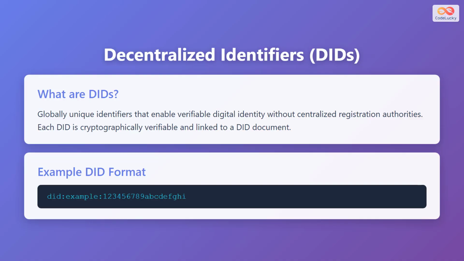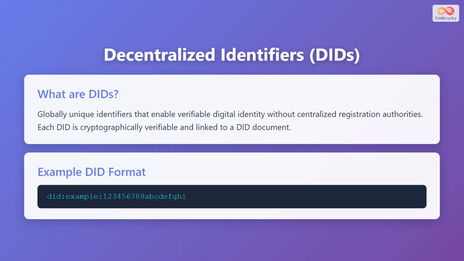Let's dive deeper into decentralized identifiers, or DIDs. A DID is a globally unique identifier that enables verifiable digital identity without requiring any centralized registration authority. Think of it as your digital fingerprint that belongs only to you. Each DID is cryptographically verifiable and is linked to a DID document that contains important information about the identity.